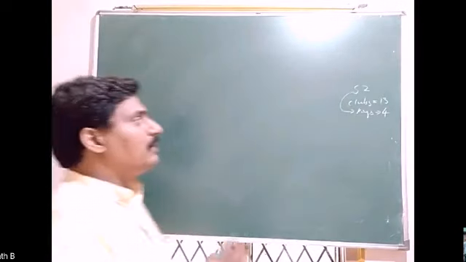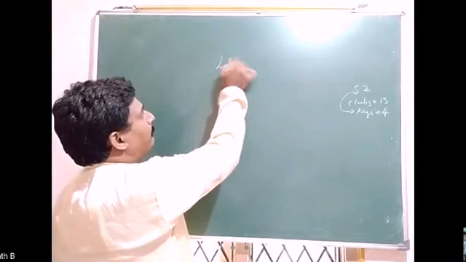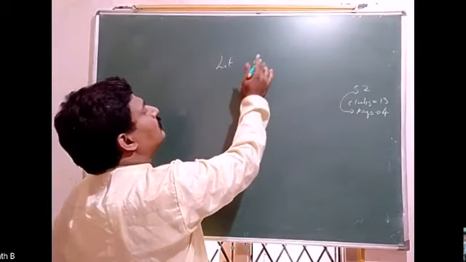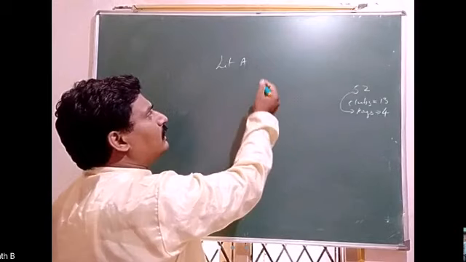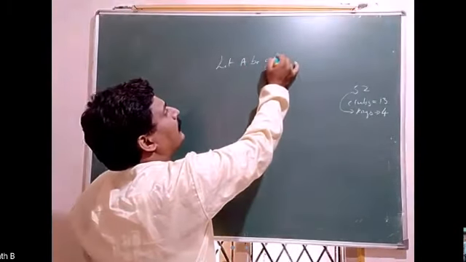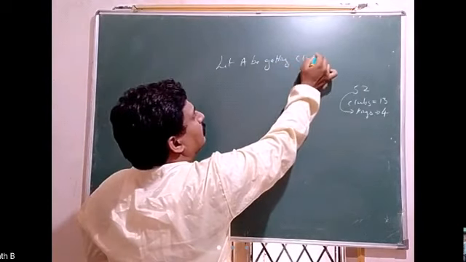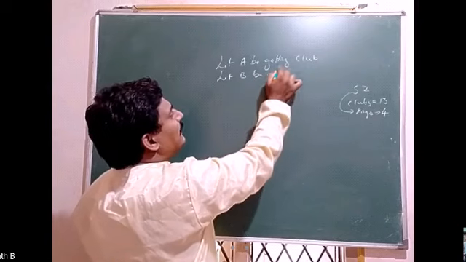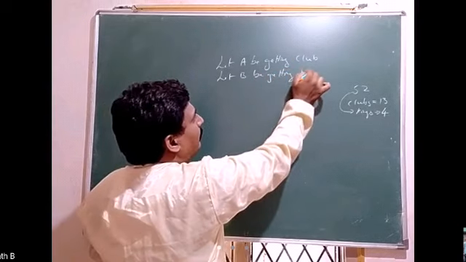So probability of, let me write it as A only. Let A be getting club and let B be getting king.